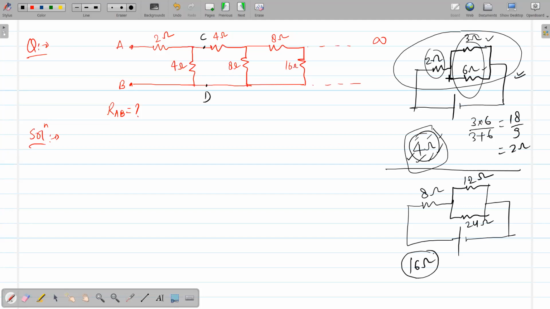If you compare these two circuits, you will find that each resistance is multiplied by 4. 2 ohm became 8 ohm, 3 ohm has become 12 ohm, 6 ohm has become 24 ohm. So each resistance is multiplied by 4, and definitely you can see that the equivalent resistance is also multiplied by the same factor 4.